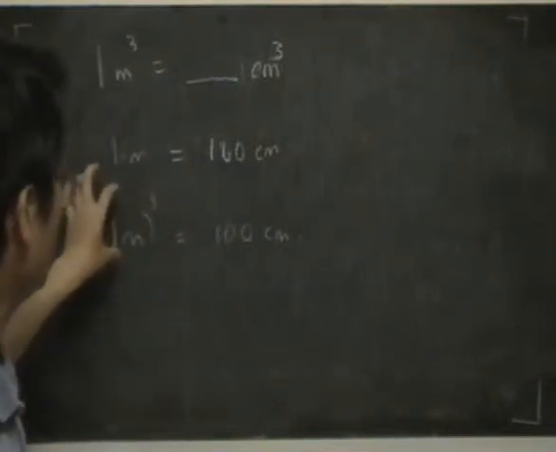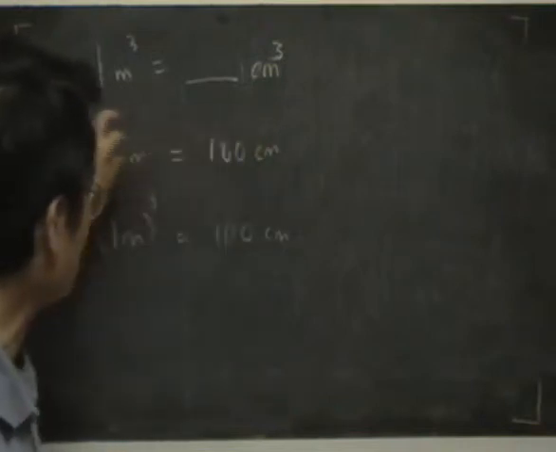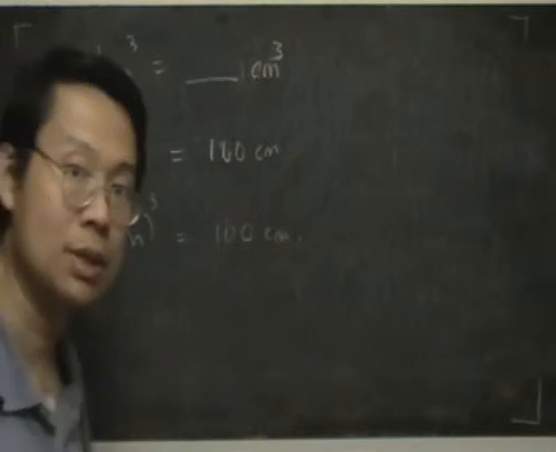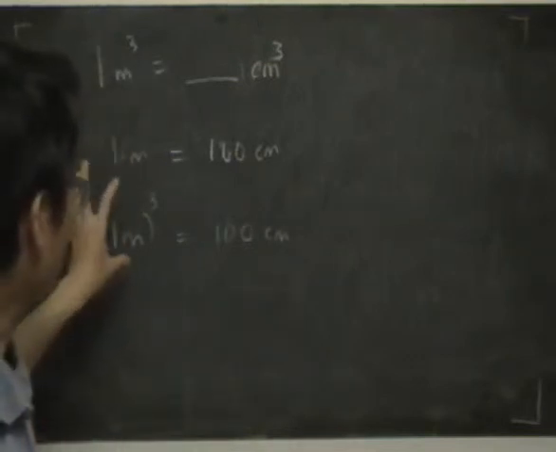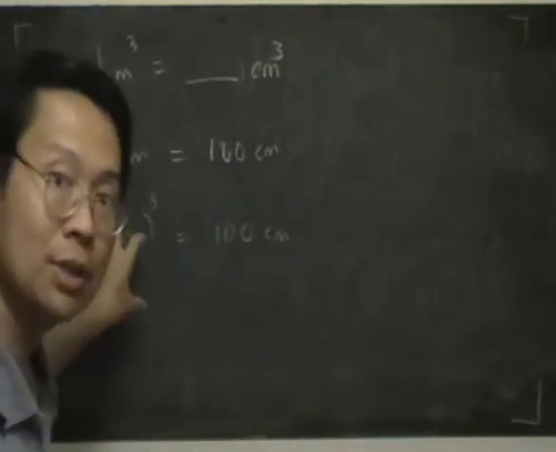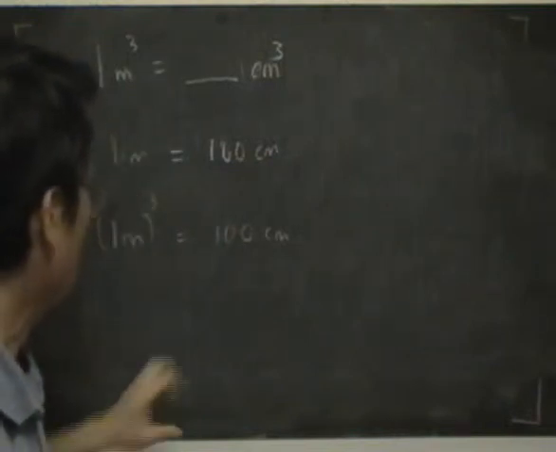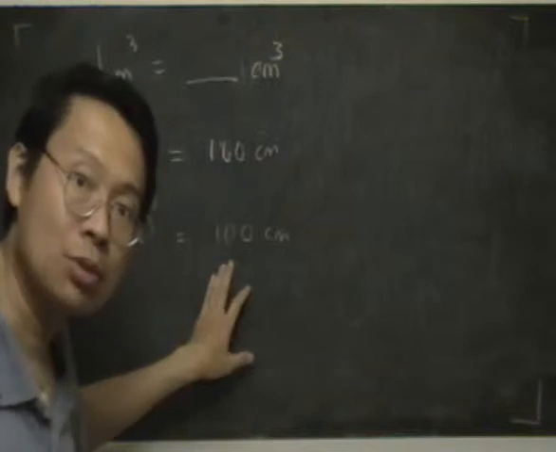Now, this is like an equation in algebra. So you have a left side and you have a right side. If you do something to the left side, if you raise the left side to the cube, you have to do the same thing to the right side.